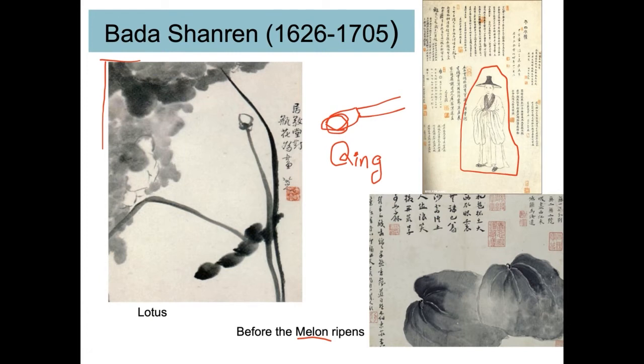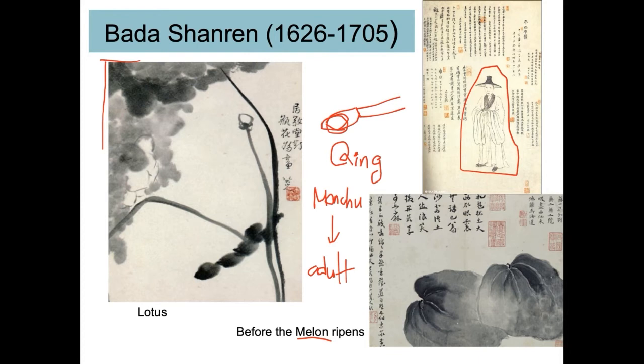So Qing emperors imposed that Manchu identity or Manchu dress code on all other citizens. Remember? If you wanted to work as a merchant or government official or any other decent gentleman in the Qing dynasty, what would your appearance be like? Yes, you have to shave your forehead, you have to have a long queue, right? The braided long hair. You cannot wear this kind of big drapery fold. You have to adopt the Manchu style robe, right?